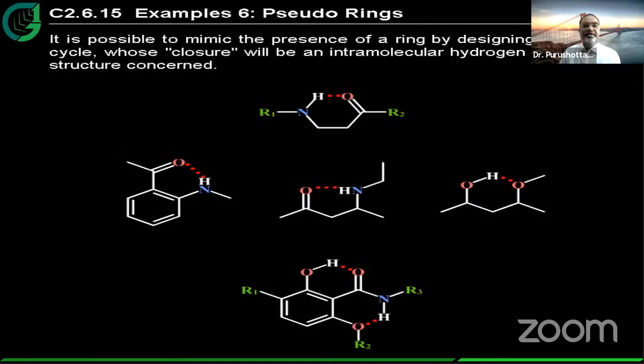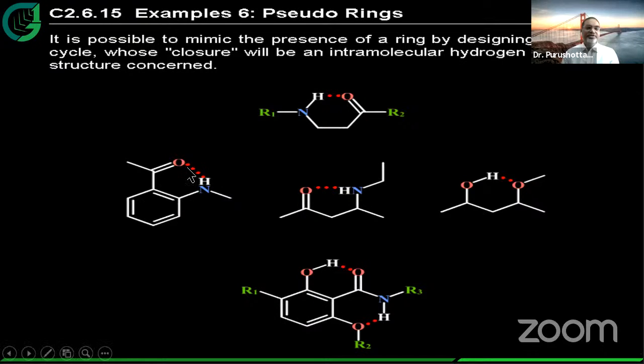So here I have tried to summarize a few of the ring forming moieties, the presence of rings by designing what I am calling pseudo cycles.